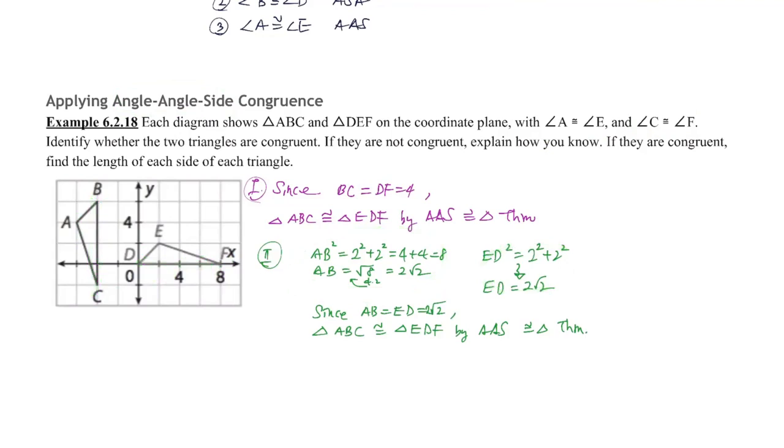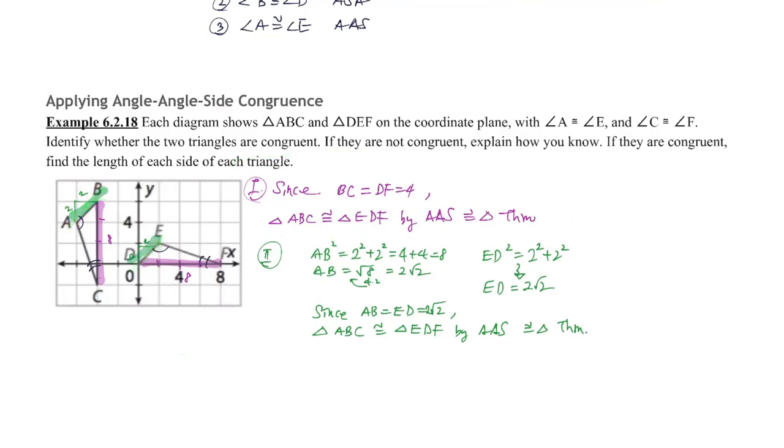Now if you're looking for, let's say, length AB and DE, you could just count. But if you look at this over here, guys, there are 2 ways we could have done this. The first one, that's the better choice, obviously. The second choice was AB versus DE.